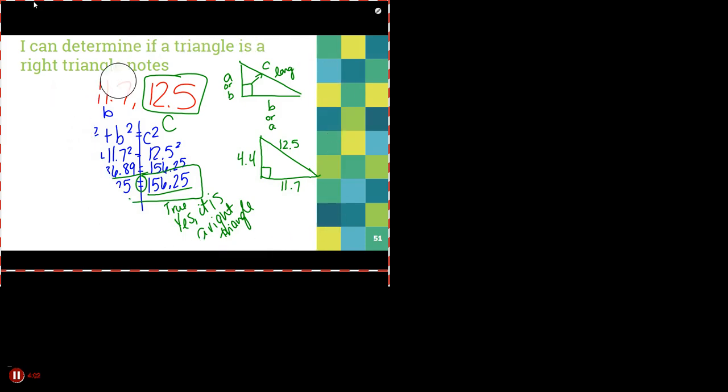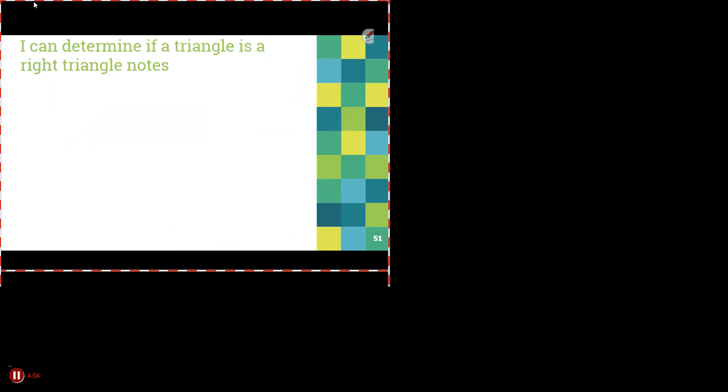All right, let's look at another one. They gave us the 3 measurements of 2.8, 5.1, and 4.5. Again, the first thing we're looking for is the biggest number out of those 3, and 5.1 is the biggest number.